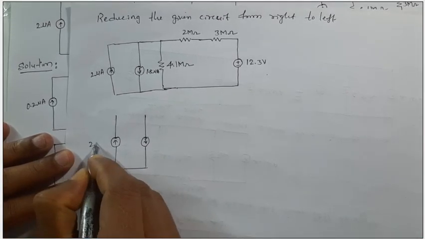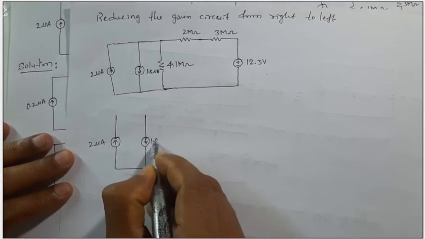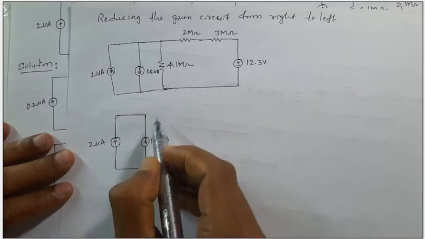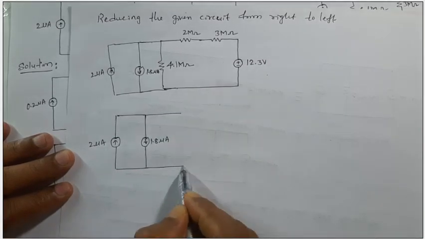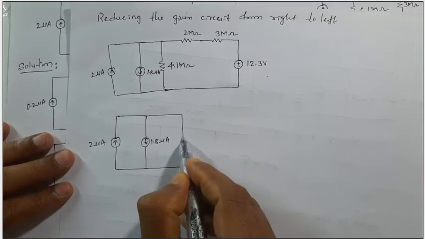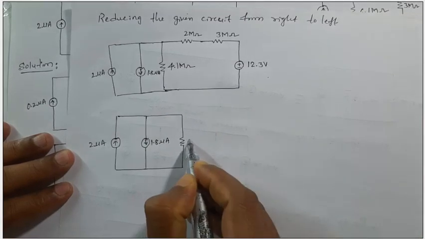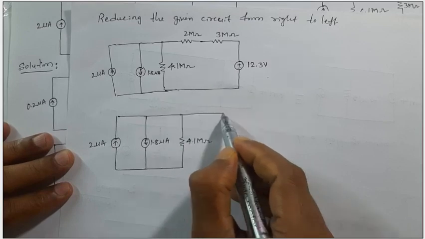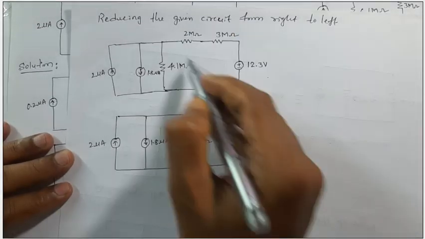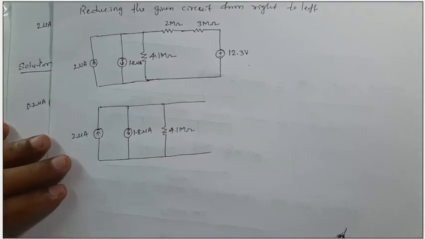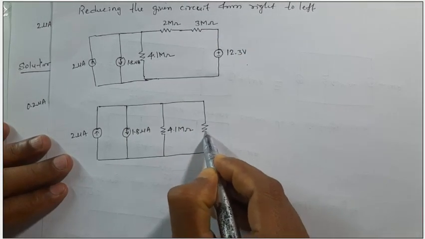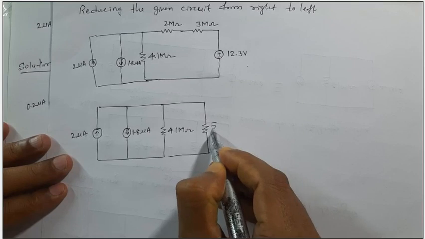This is 2 microampere, this is 1.8 microampere, and here parallel with this we have a 4.1 mega ohm resistor, and when we convert this voltage source along with this resistor to a current source, this resistor whose value is 5 mega ohm will come parallel with that.